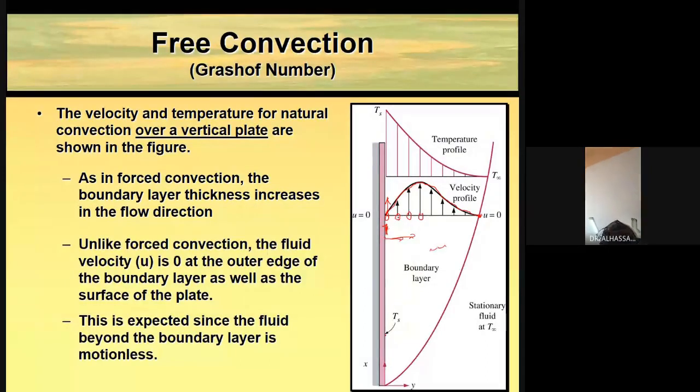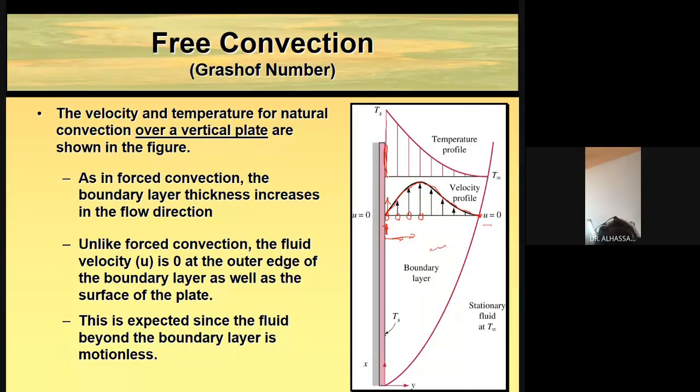Now in this boundary layer, you see the velocity is changing, but outside the boundary layer, the velocity remains constant. If the velocity is 10, it remains 10. It does not change. You understand? But here again, the velocity is 0, so the fluid is not moving. It's stationary. Okay. Similarly, the temperature also across the flat plate, vertical plate, we have high temperature over here.